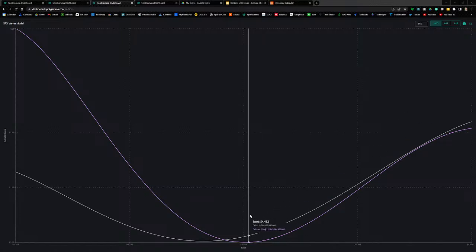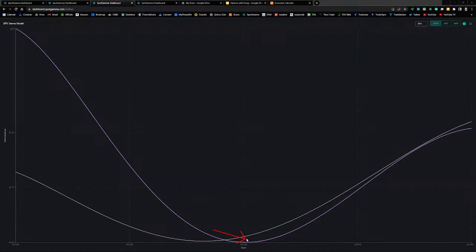So just above that 4,400 level. So that's somewhere between these two lines. So really, almost at the bottom of this gamma curve.